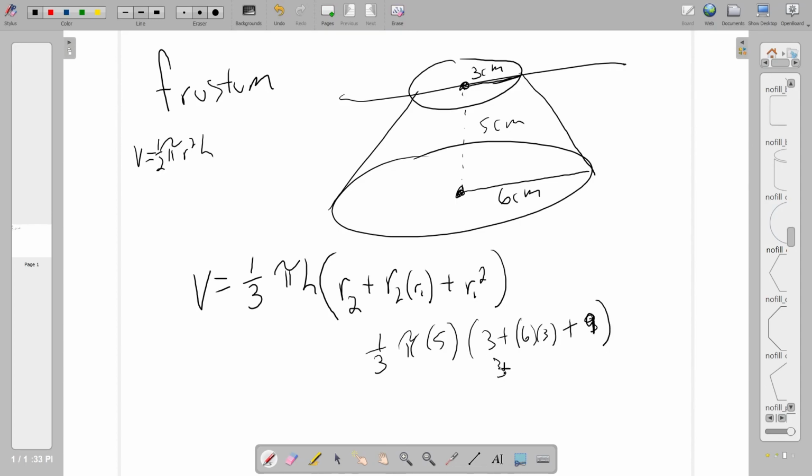Okay, so that becomes 3 plus 6 times 3 is 18 plus 9. 21 plus 9 is 30.